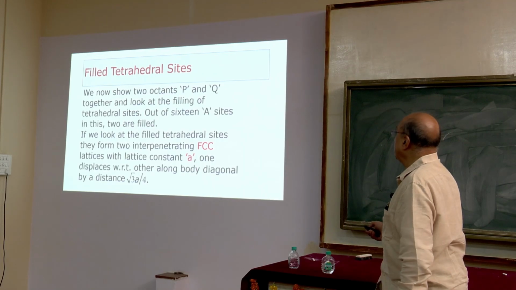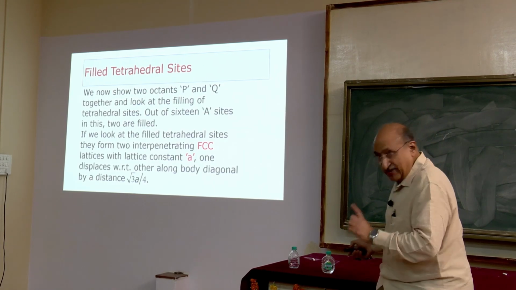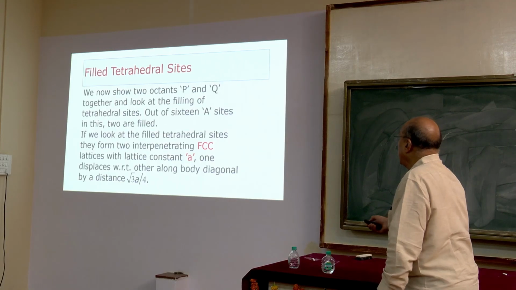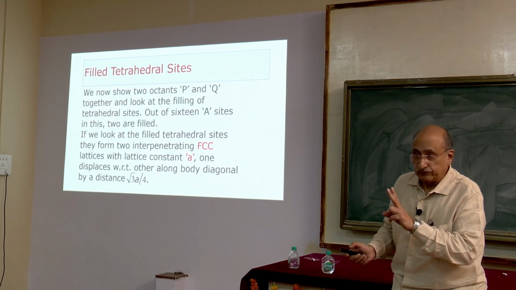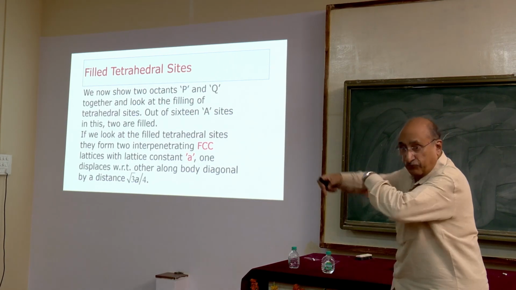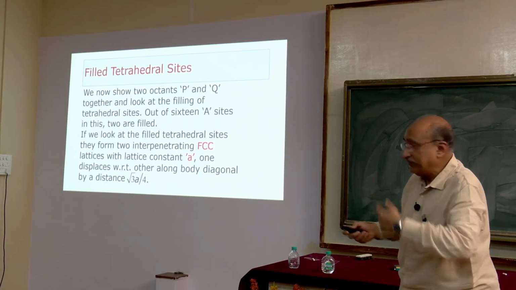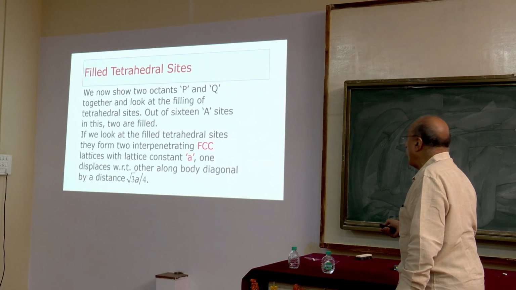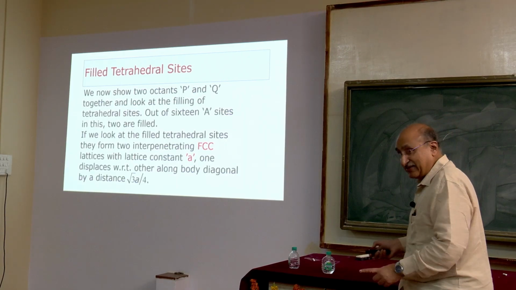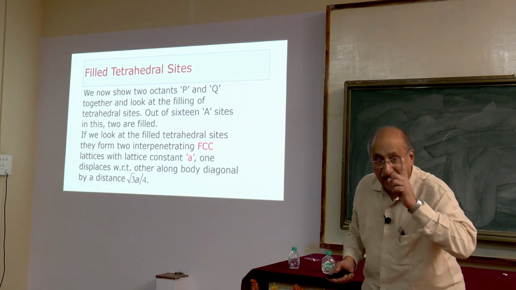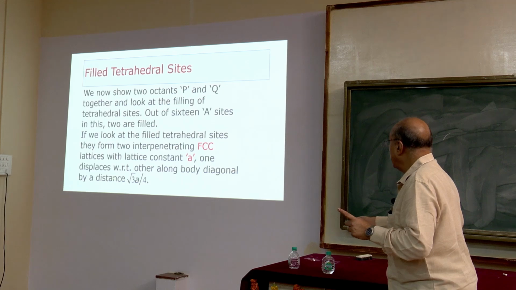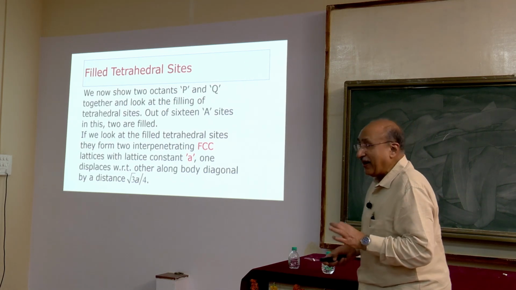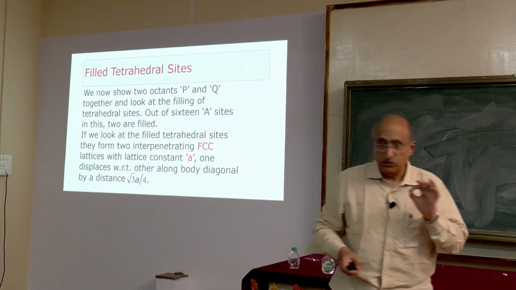The sites, because I have taken now 2 octants, so there are 16, and 2 are filled only. There are others, so that will make it 8. Lattice constant A, one displaced with respect to the other along the body diagonal by a distance of root 3a by 4.